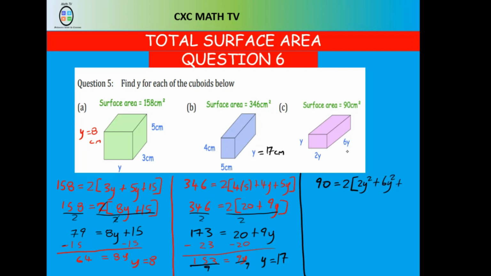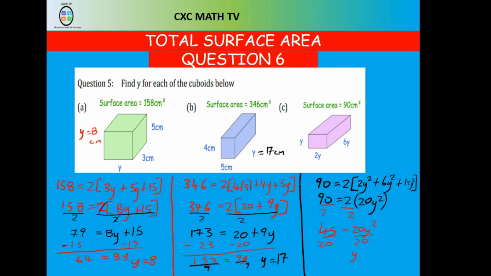Then 2y times 6y is 12y squared. So 90 equals 2 in bracket, 2y squared plus 6y squared plus 12y squared. That is 20y squared. Then we divide through by 2, so we get 45 equals 20y squared. Then we divide by 20.